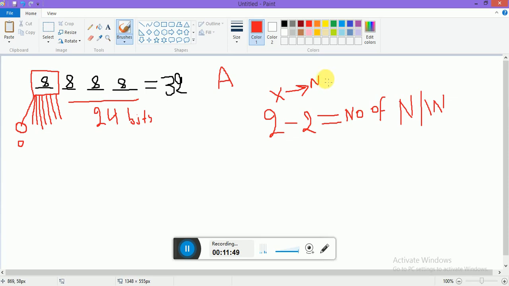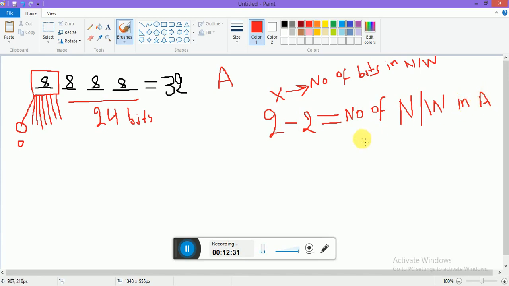So 2 raised to the power x minus 2 is equal to the number of networks in class A.